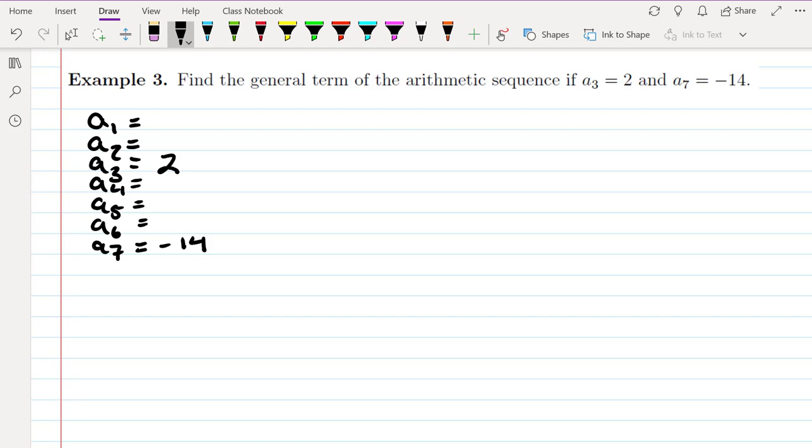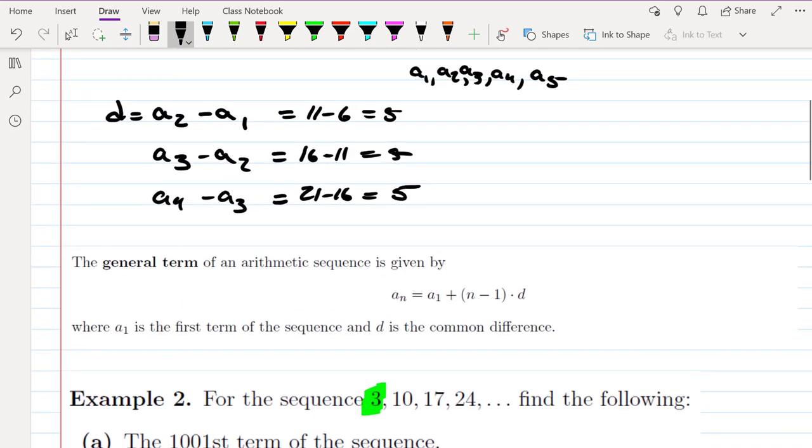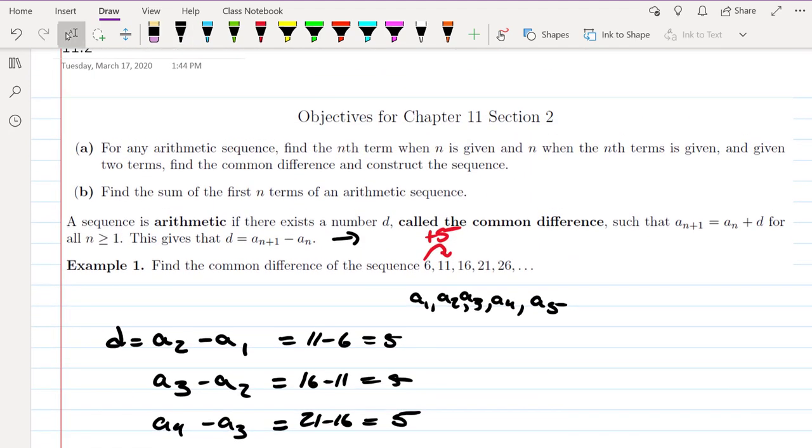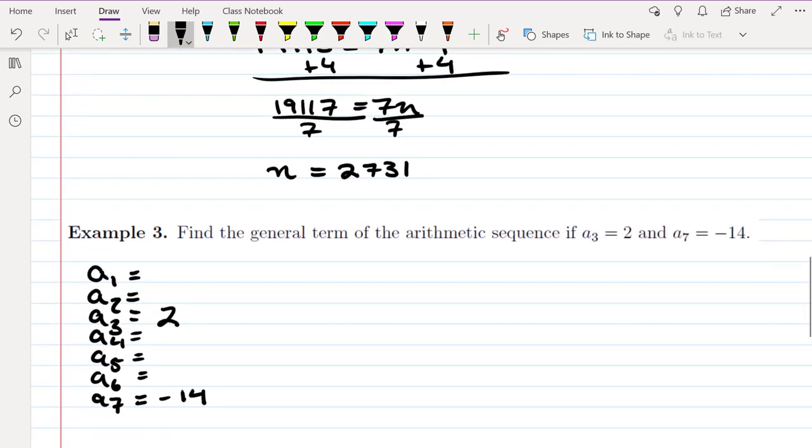So if we use the definition of an arithmetic sequence, and remember our definition says that a sequence is arithmetic if there exists a number d called the common difference, such that to get to the next term, so the next term is a sub n plus 1, we have to add d to the term that came before it.